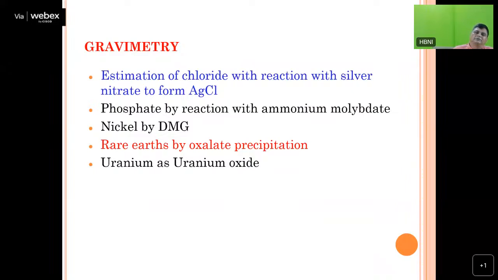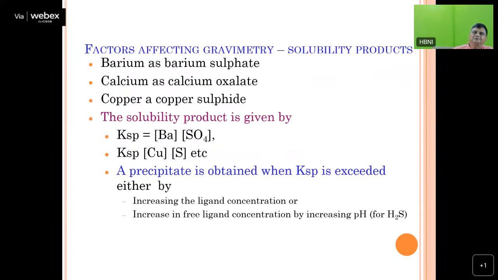Nickel determination by DMG, which we did in class 12 practicals. And rare earths by oxalate precipitation, which we generally even perform in our Department of Atomic Energy. Also, a lot of rare earth determination is still done by these gravimetric methods by oxalate precipitation, and uranium determination as uranium oxides.